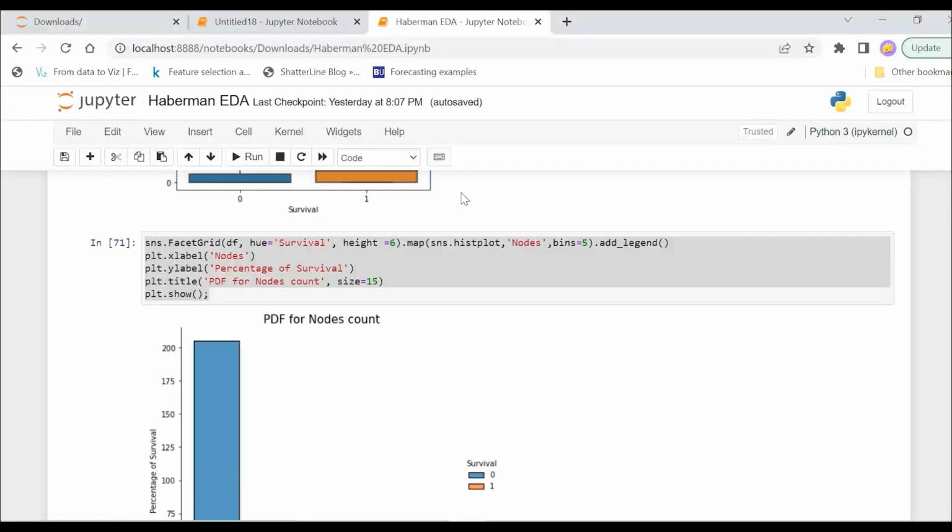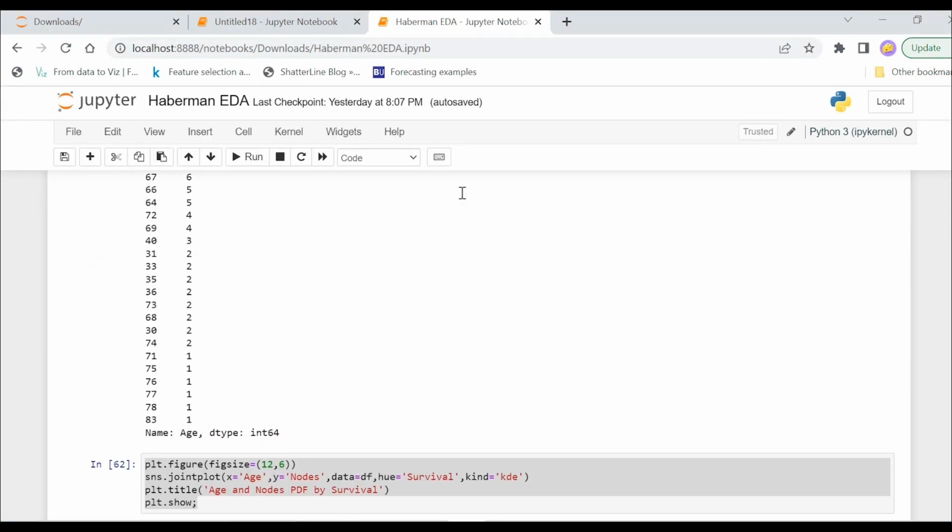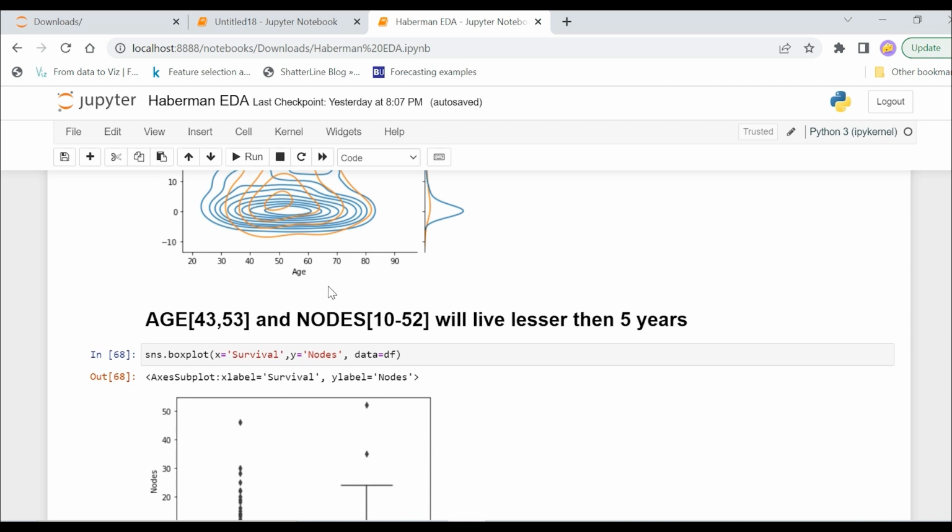So suppose somebody comes to me who has nodes of around maybe 2 or 3, less than 10, and the age is in this bracket only.